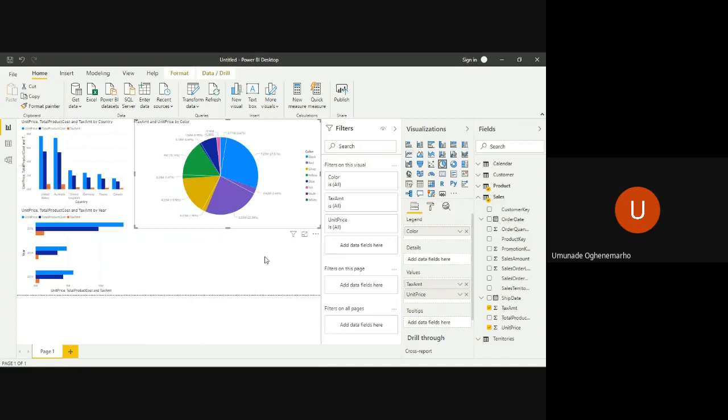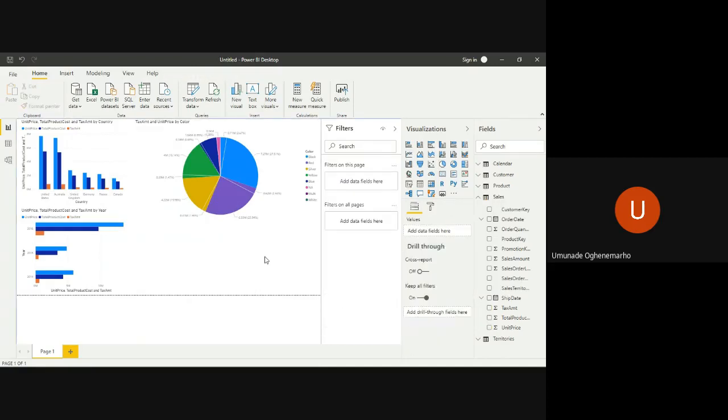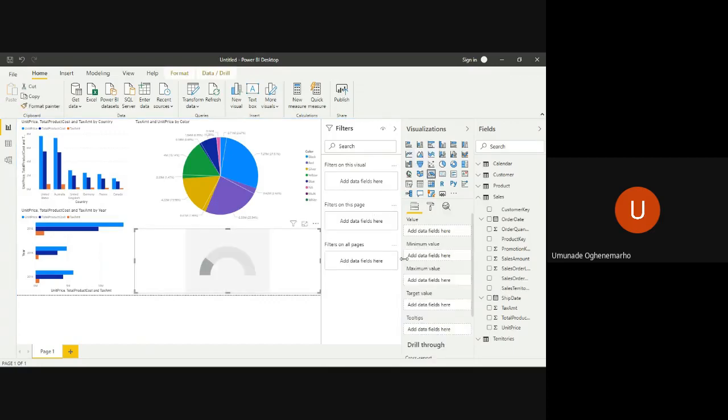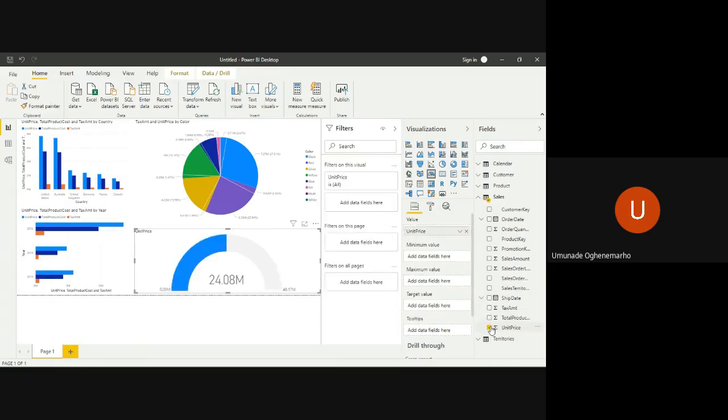Okay. So after adding other categories for this, the next thing we can look at is probably to create a gauge that will track that. So we have unit price coming in here.